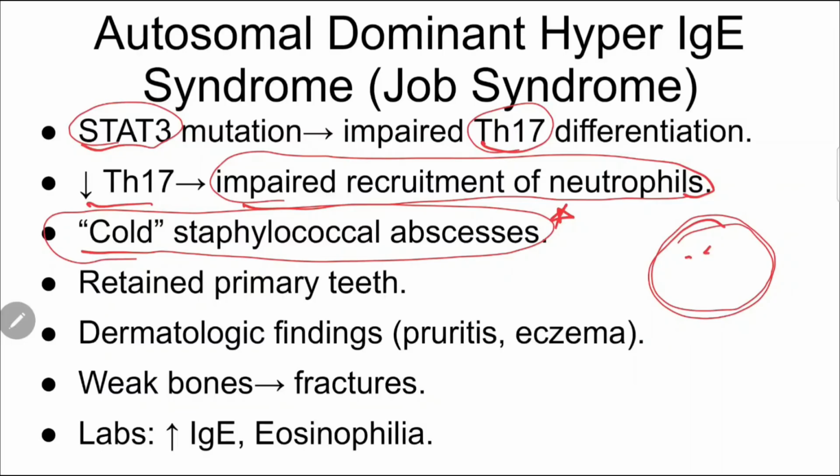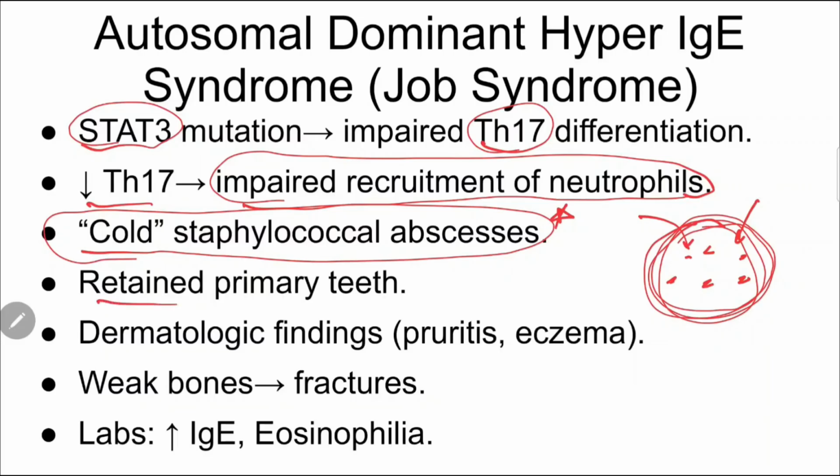So over here you have Staph aureus, and this is an abscess where they've walled off the infection. Normally the neutrophils will enter and there will be a fight between the microbes and neutrophils. Now the problem over here is that you don't even get your neutrophils inside. So obviously you will have a cold staphylococcal abscess, right?